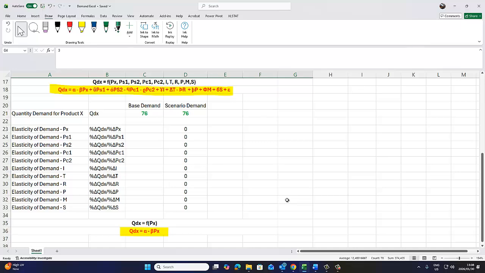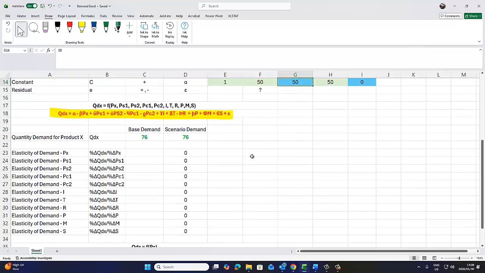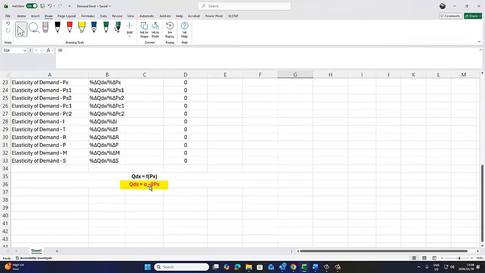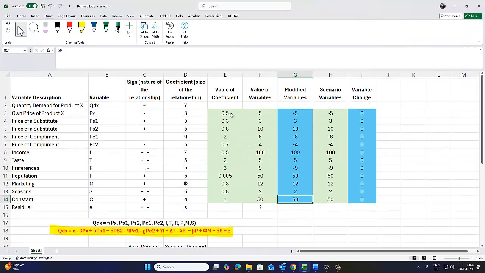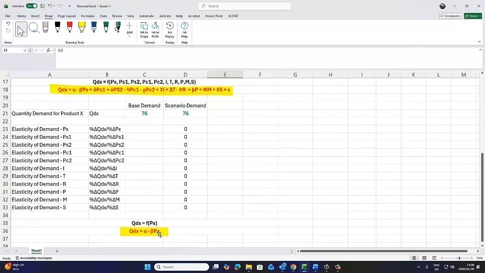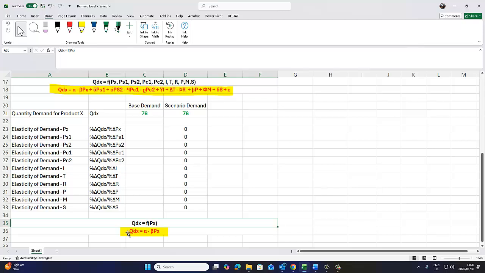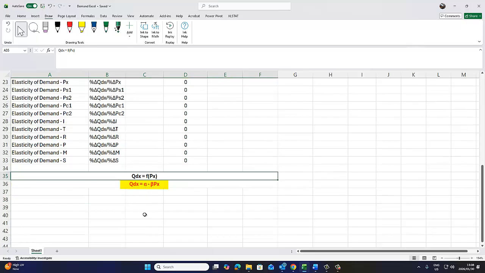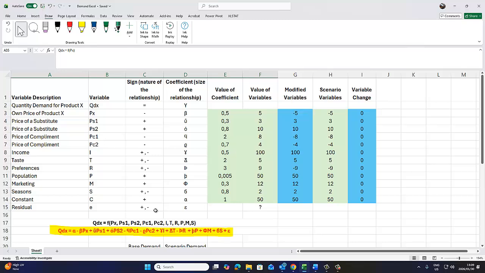And then once we've got the constant, the constant is not going to be 50, the constant is going to be whatever, minus 0.5 price X. And now we can go and calculate the quantity demanded for different prices. From there we draw a time series, and from there we can go and generate the graph. And we can do the same for supply as well, eventually, so that we have supply and demand graphs.